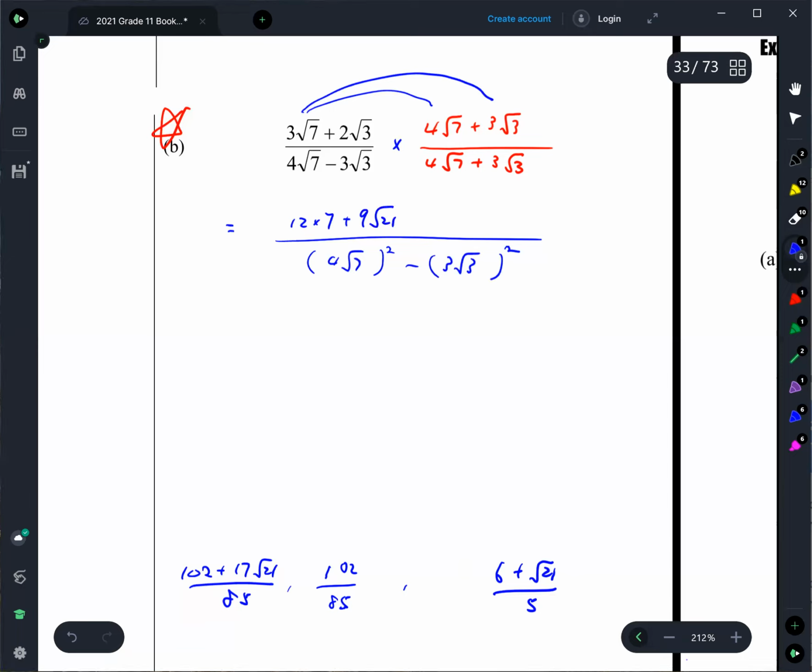So we should have root 21 there. And then now let's do the green part. These are the green ones. So plus 8 times root 21 plus 6 times 3. Okay, so double check your steps.